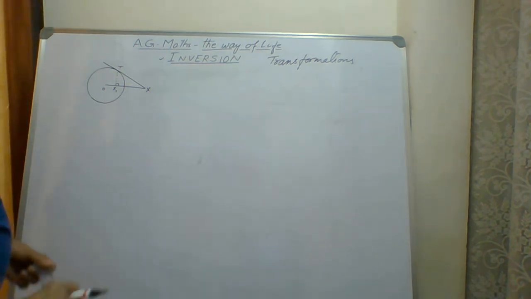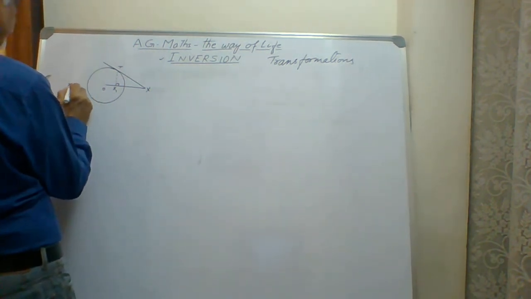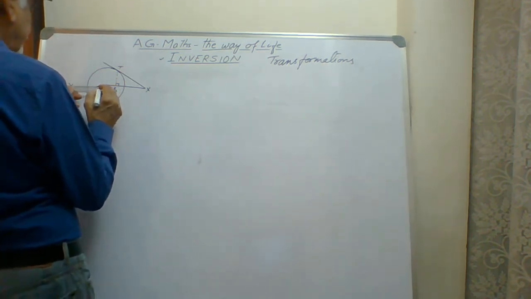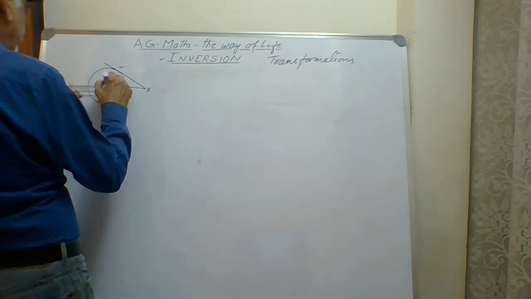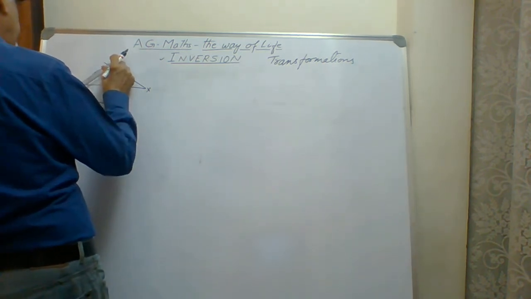Now let us take another point Y somewhere here. Let us see how it works. We'll again join O to Y, and from Y we draw a tangent to the circle.